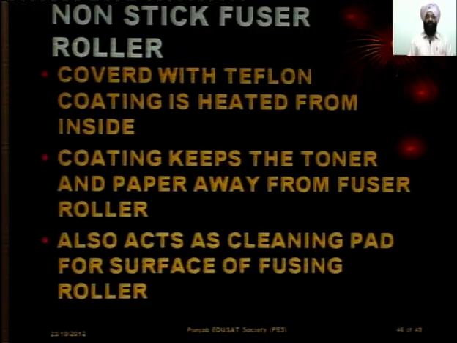The non-stick fuser roller is covered with a Teflon coating and is heated from inside. The coating keeps the toner and paper away from the fuser roller. It also acts as a cleaning pad for the surface of the fusing roller.